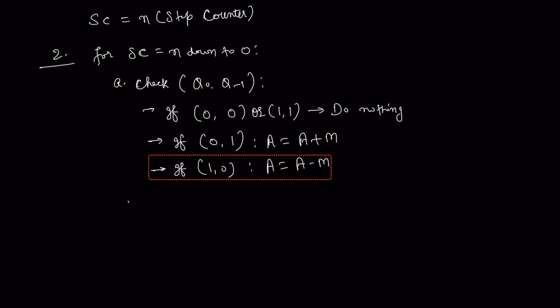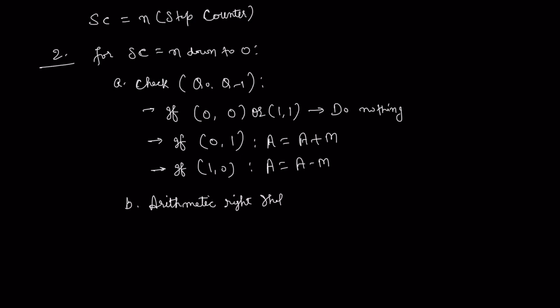And we will always do an arithmetic right shift after all the process, on A and Q, by 1 bit, and decrement the step counter.